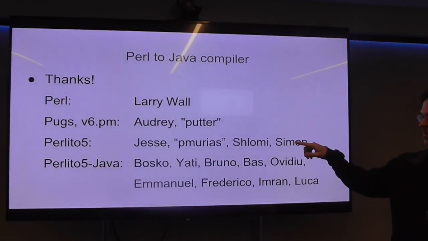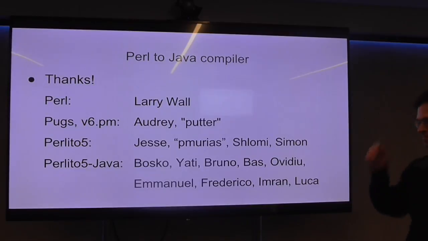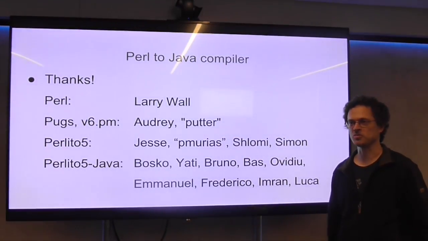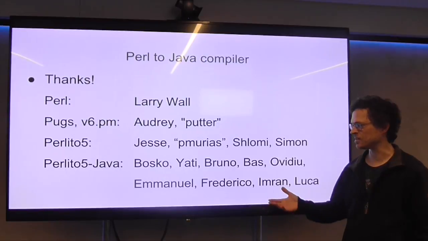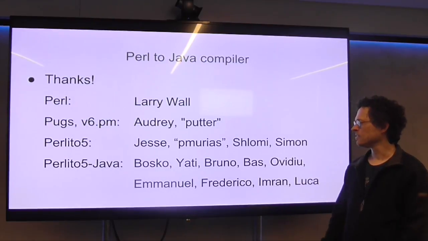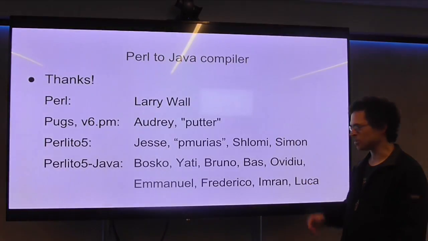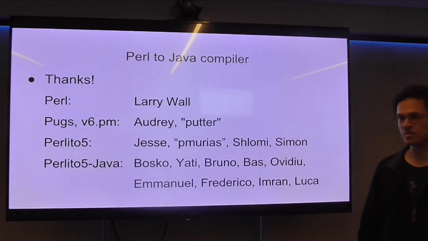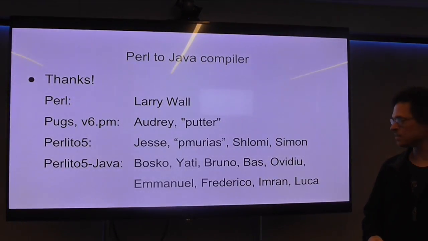The current project, Perlito 5 Java, started a year ago. Basically after I met Bosco and we discussed how it could be useful to have a way to run Perl in Hadoop land, and later other people joined. Yati has worked a lot on the Android backend, and he created the implementation of state variables.